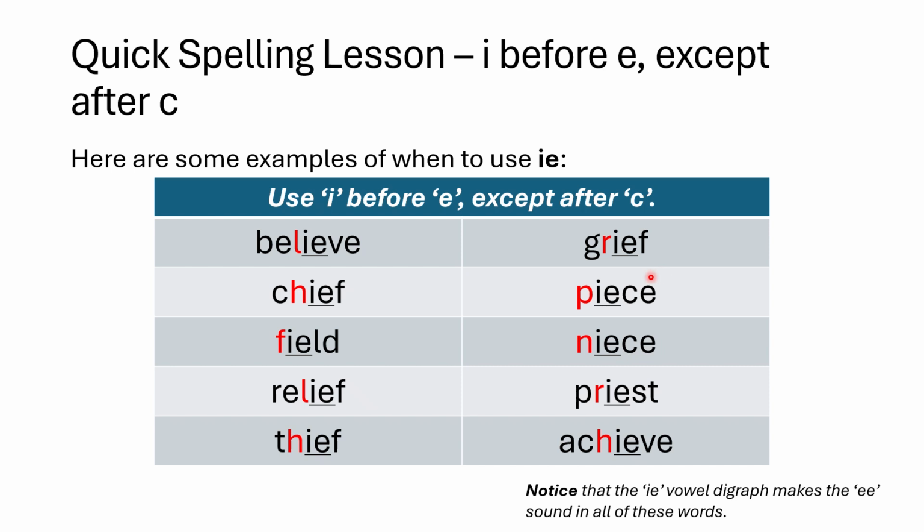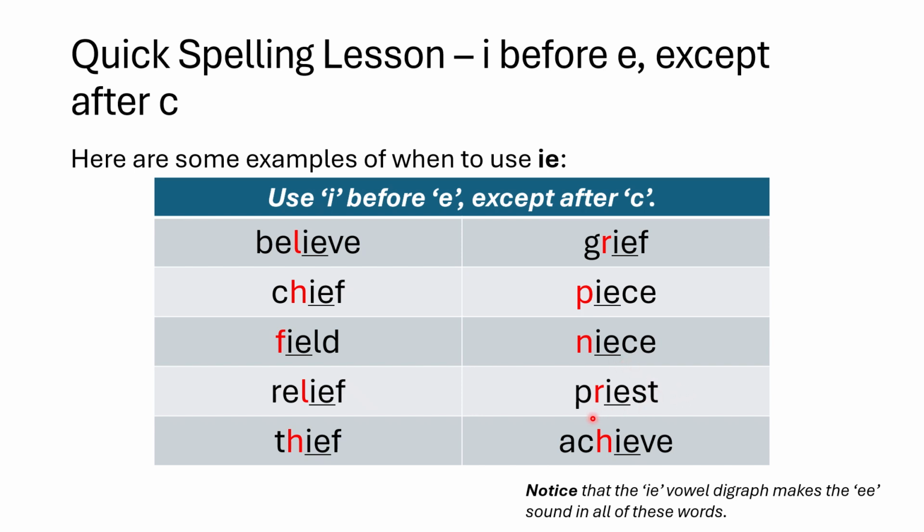Grief. The letter R comes before IE. Peace. The letter P comes before the IE. Niece. The letter N comes before the IE. Priest.